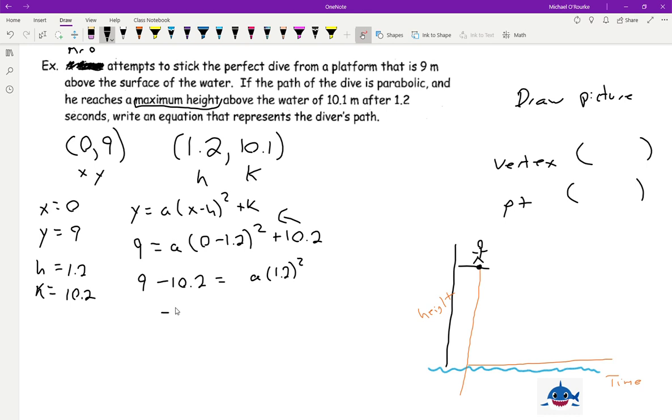So this is negative 1.2 equals a times, what's 1.2 squared? 1.44. That should have been a negative there. Oh, fake news. Oops. Thank you, Ben.